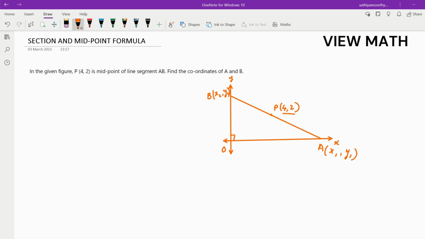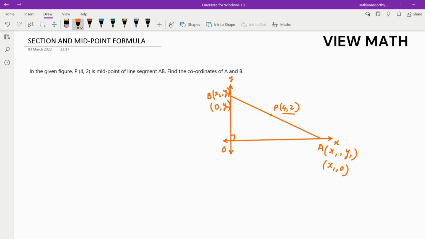Now we know that the point A lies on the x-axis. On the x-axis, the y-coordinate is 0. So this takes the form (x1, 0). Similarly, the point B lies on the y-axis. On the y-axis, the x-coordinate is 0, so B takes the form (0, y2).